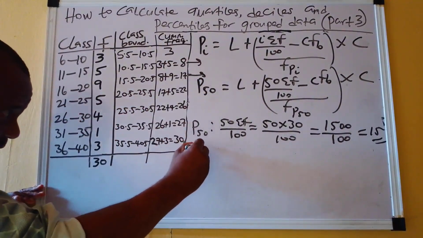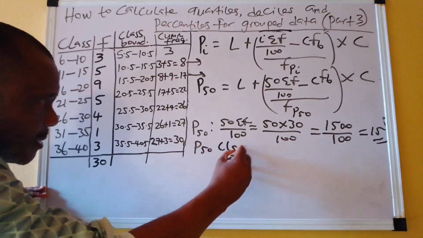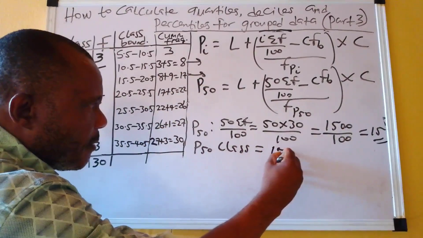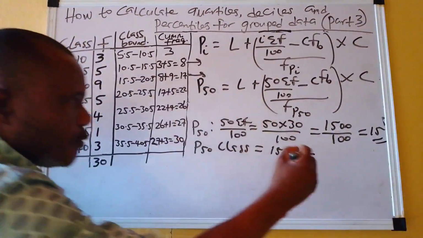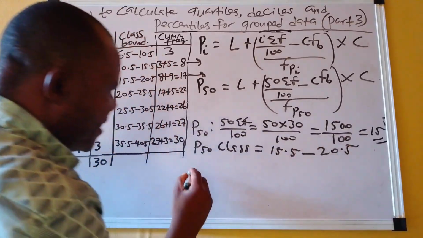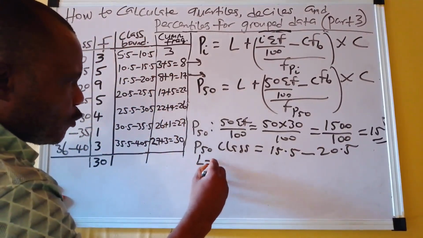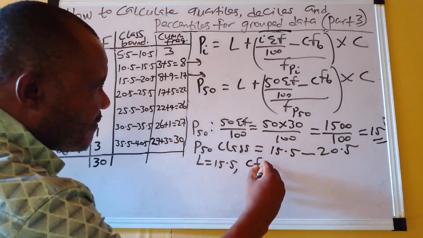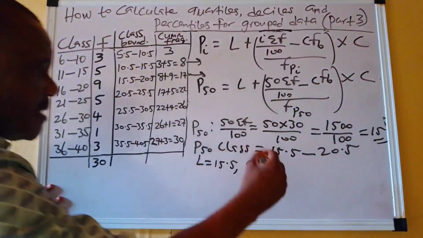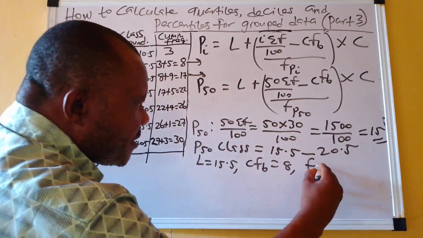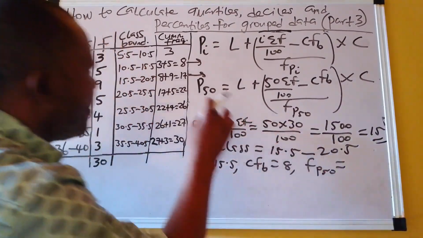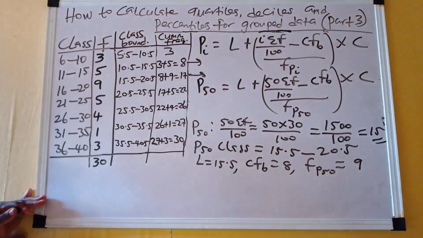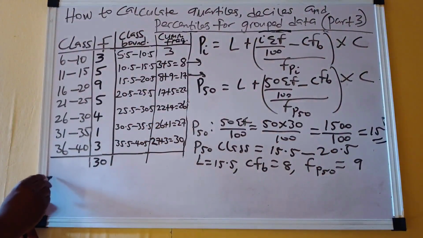So our P50 class is equal to 15.5 to 20.5. Here our L is equal to 15.5. Our cumulative frequency before that class is 8, and the frequency of that class is 9.